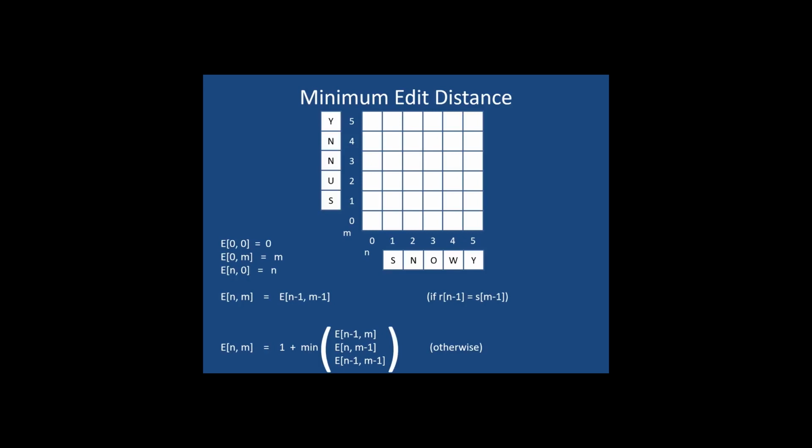So if we're converting snowy into sunny, that 2-dimensional array is meant to represent every possible solution to every possible subproblem, right? Because each subproblem is going to involve the first 0, 1, 2, 3, 4, or 5 characters of snowy, and the first 0, 1, 2, 3, 4, 5 characters of sunny. So that's 6 indexes, 6 indexes. So there are only 36 subproblems.